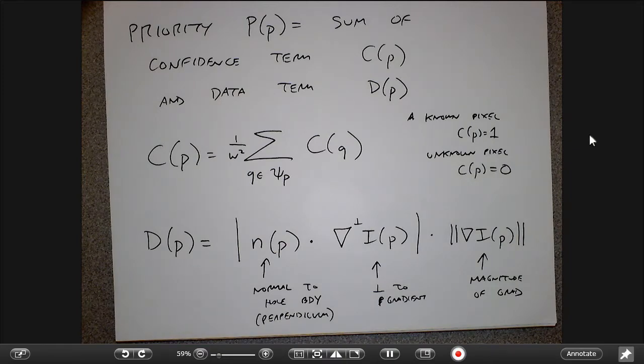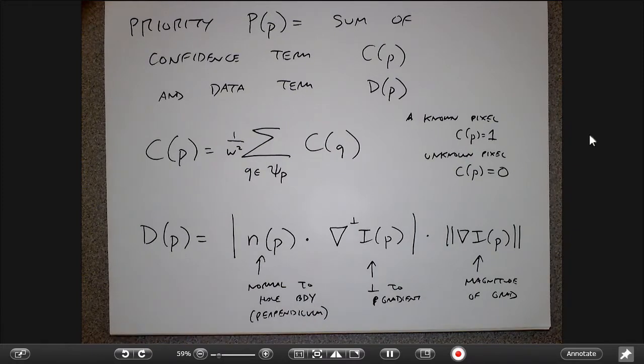And I need to make sure I have this term because you could take the gradient of anything, right? You could take the gradient of noise, and even a flat region will have some direction to its gradient, and I don't want to use the gradient of some flat region that coincidentally lines up with the normal to the hole. I need to make sure that the gradient is actually strong there. That's why I need this extra term. Okay.